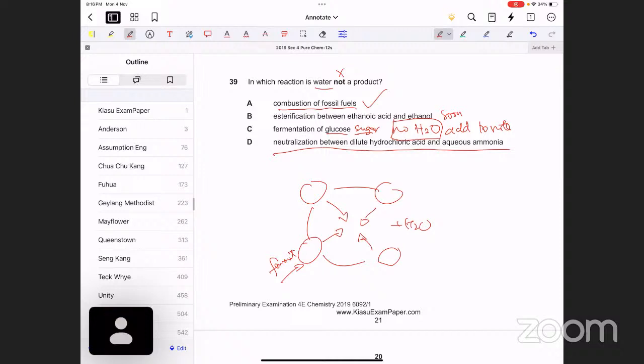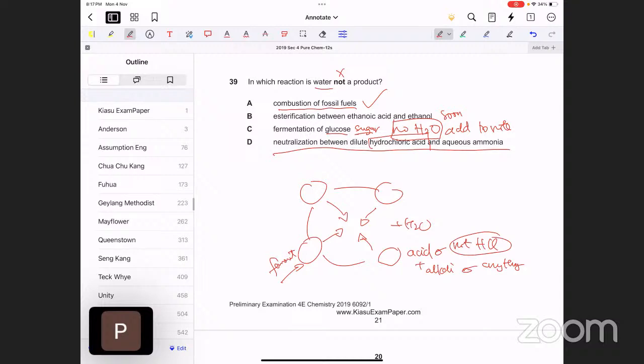It is true that this is acid and that this is an alkali or base. However, he specifically says this is hydrochloric acid. Please confirm the acid here is not hydrochloric acid. And the alkali here can be aqueous ammonia, it can be anything, so that's fine. The problem is that this is not HCl.